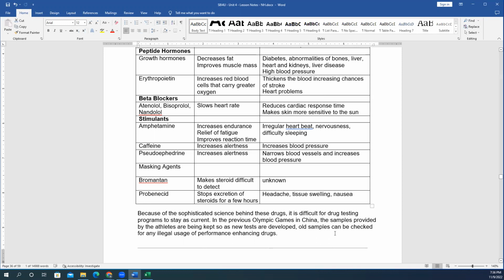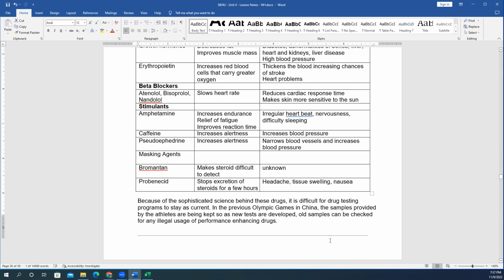And you can imagine that in various Olympic events, the samples provided by athletes are sometimes kept for quite some time, many years after the event, just in case new techniques or methods, new tests, are developed to be able to detect more and more banned substances. And so they might periodically be checking some of these old stored samples for the presence of any illegal performance enhancing drugs within.